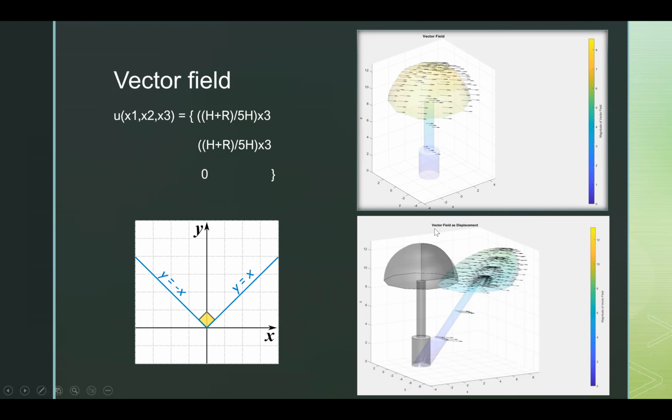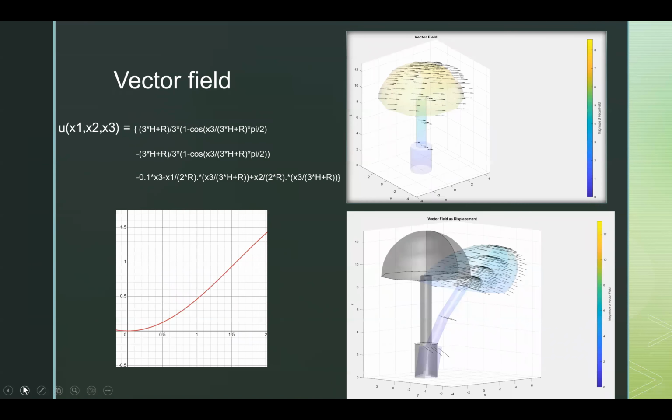The displayed figure in this picture is basically, if we imagine this vector field as a displacement field, so this is what the displacement profile would look like. On the next slide, this is basically the vector field that Professor Prakash has used in his video. So I've modified that vector field to work on my composite body.